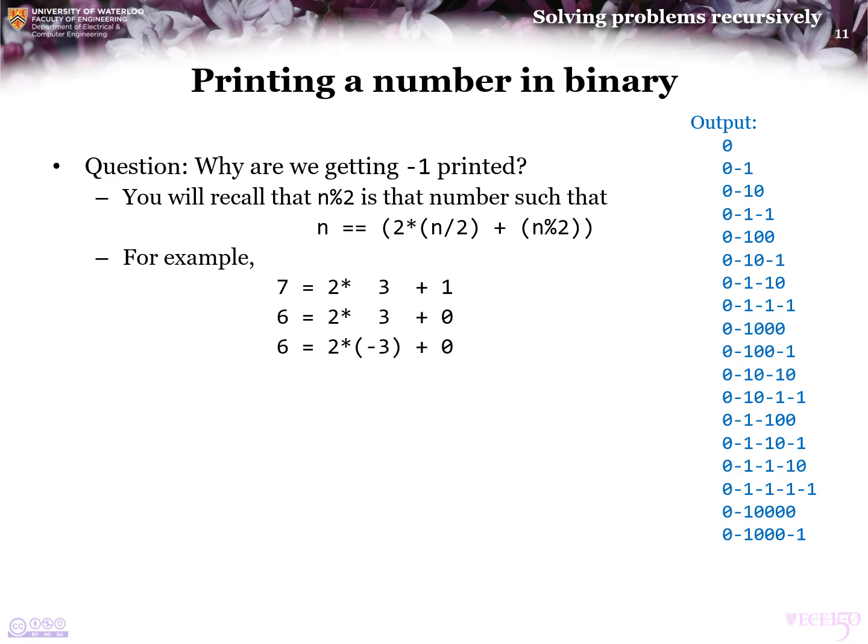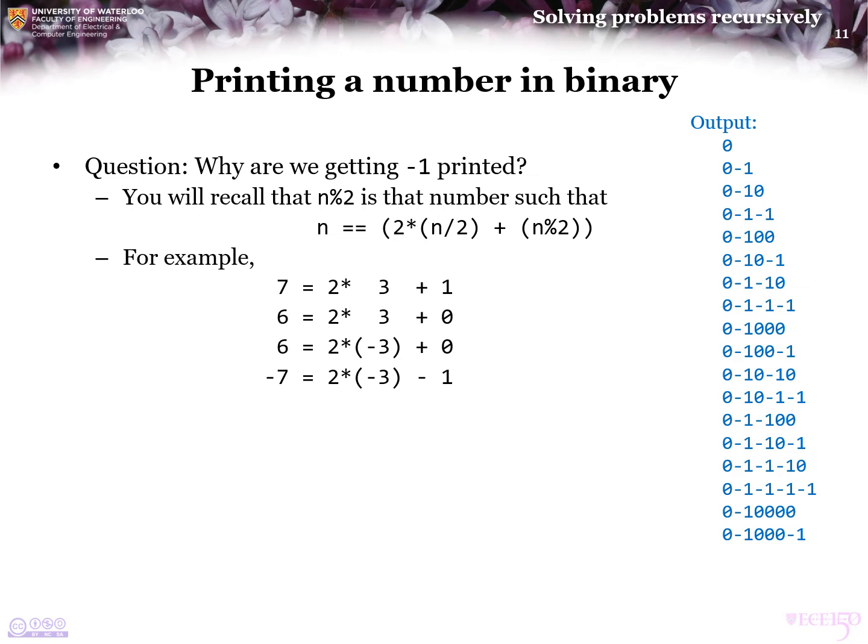Now, negative 6 divided by 2 is negative 3. Negative 6 is indeed equal to 2 times negative 3, and therefore the remainder is 0. But negative 7 divided by 2, when we discard the fractional component, is negative 3.